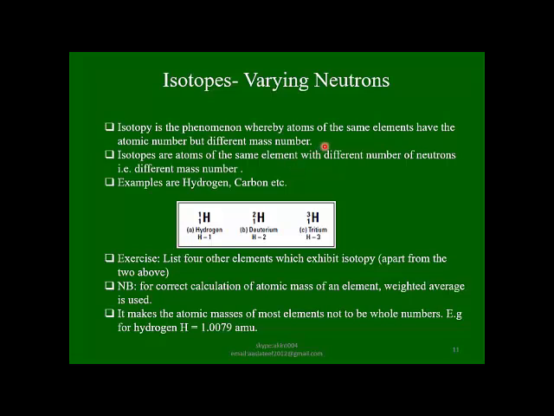So that phenomenon that is responsible for disparity in the number of neutrons is what is called isotopy. So the isotopes are just the atoms that have that isotopy phenomenon. Those atoms must be the same element with different numbers of neutrons, that's a different mass number.